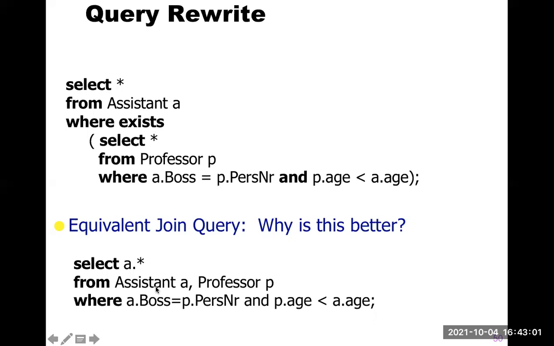And here I may rewrite this query in a different way. So I search for pairs. I check all the pairs of assistants and professors and check whether this assistant has this professor as a boss and the professor is younger than the assistant.